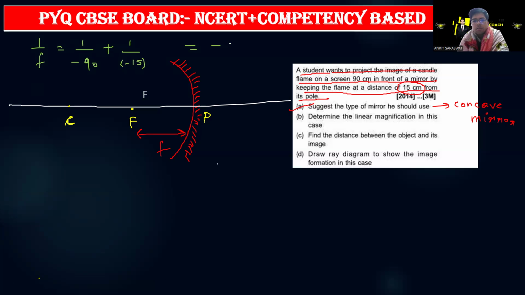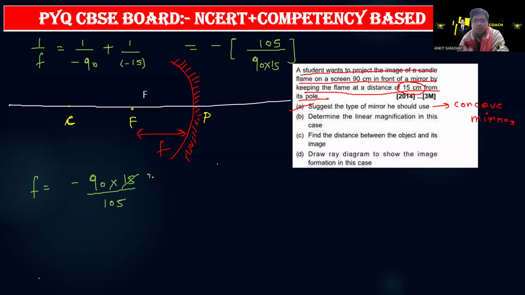So you can take minus common. LCM is 90. Multiply 15. 1 plus 6, that is 7, so 105. Okay, so f will be minus 90 multiply 15 divided by 105.